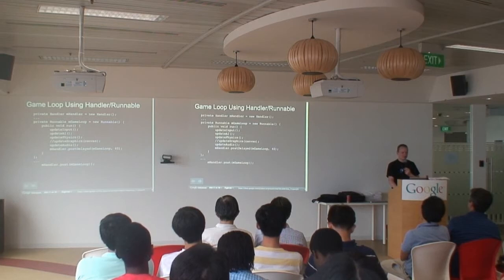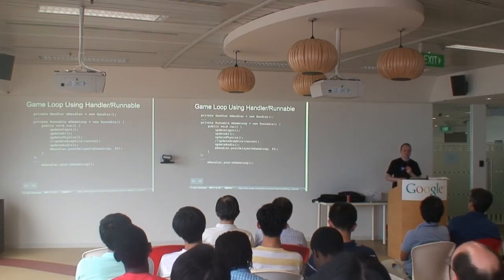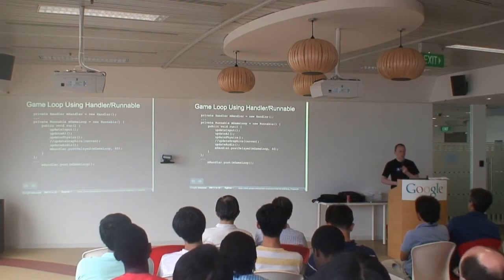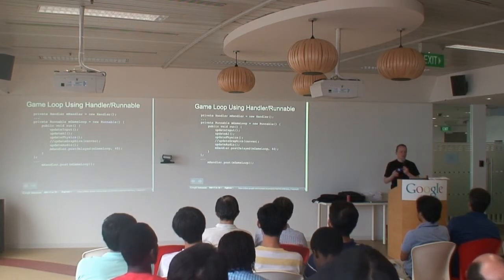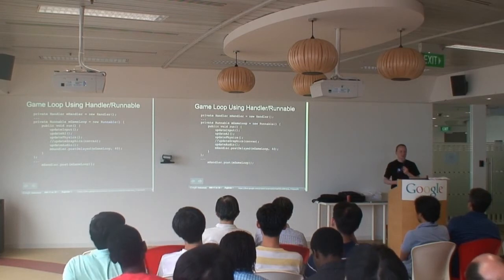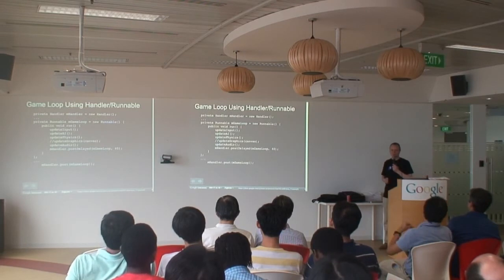The next thing you can do is to separate everything except the graphics using a handler. A handler is something you can use in Android to receive events and make sure that the method is called each time. So it's very similar to the previous example.